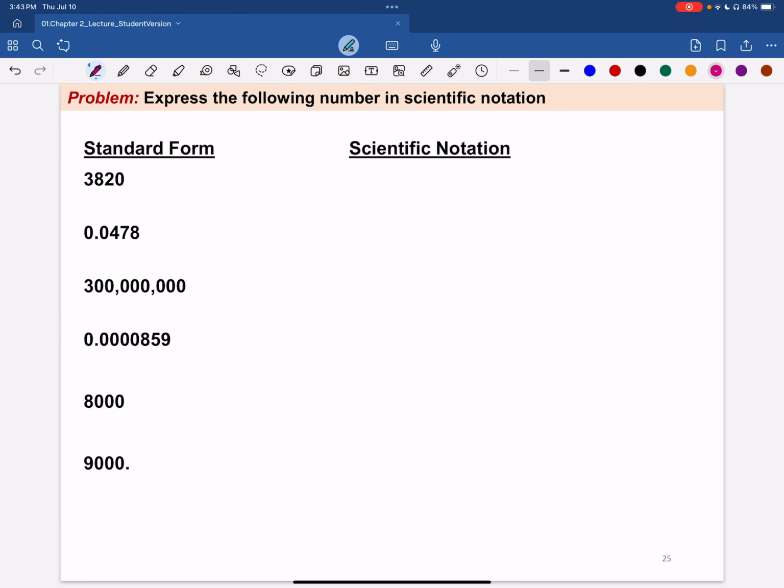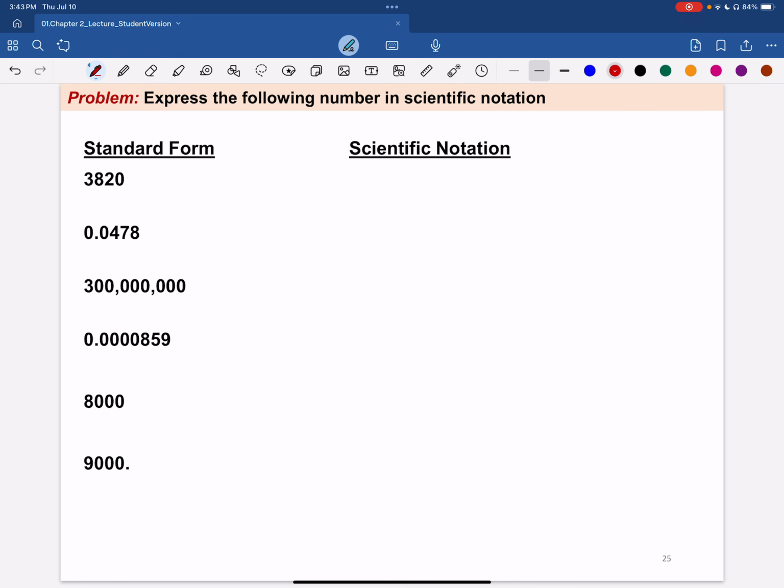Express the following numbers in scientific notation. 3820.